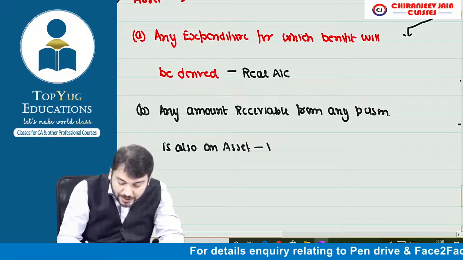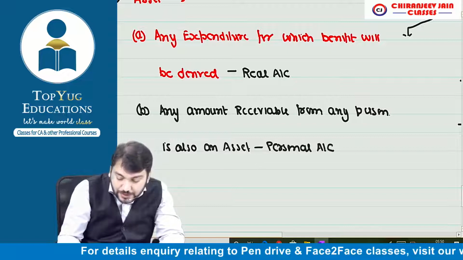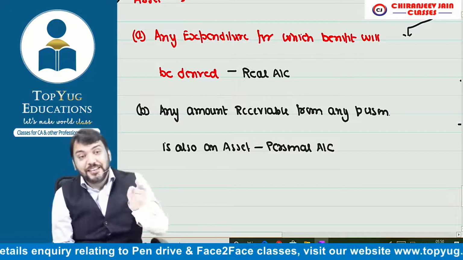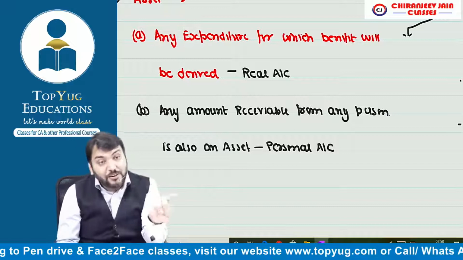And these are personal accounts, correct. Means if I am saying debtor, listen, if I am saying debtor, it represents amount receivable from some person, it is a personal account receivable. So here the words written are amount receivable.